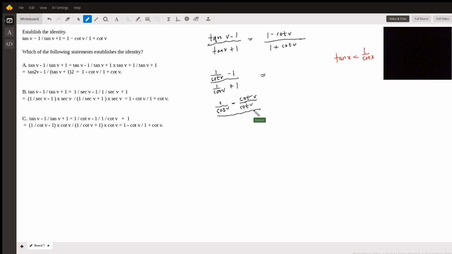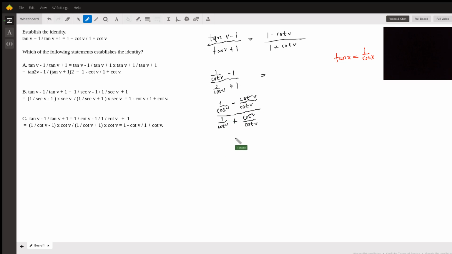And we're going to do the same thing on the denominator. So it's going to be 1 over cotangent of v plus cotangent of v over cotangent of v. Cotangent of v over cotangent of v is just 1.